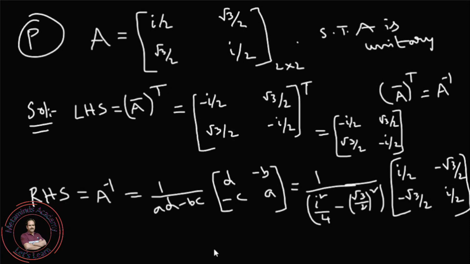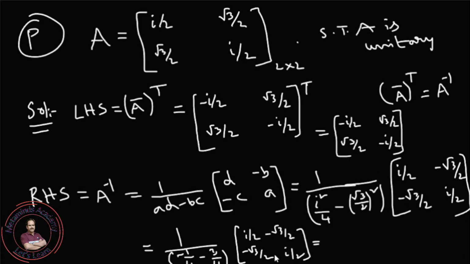Now this is equal to 1 by, i square is minus 1, so minus 1 by 4 minus 3 by 4. Root 3 whole square is 3, 2 square is 4, into i by 2, minus root 3 by 2, minus root 3 by 2, i by 2.